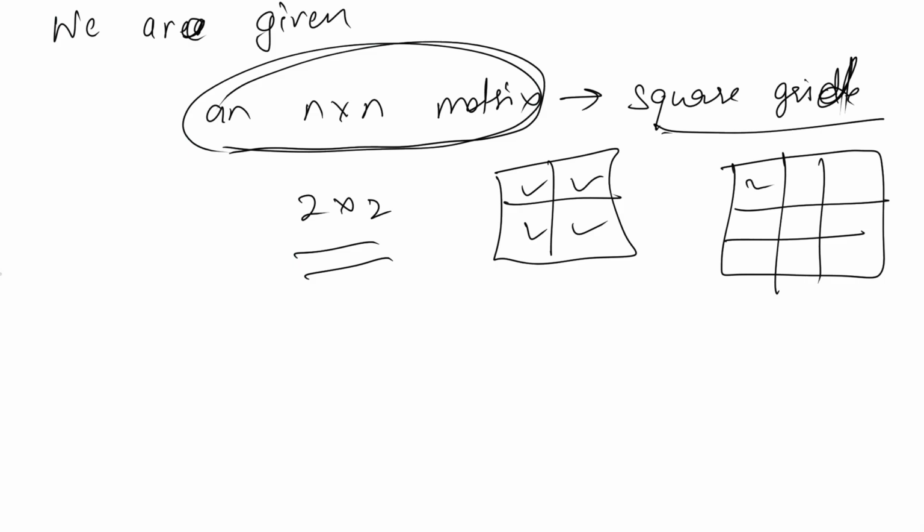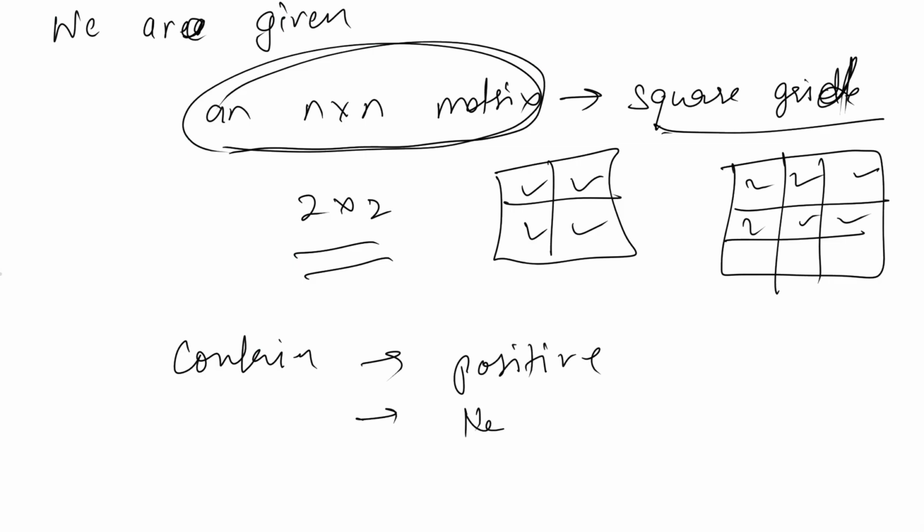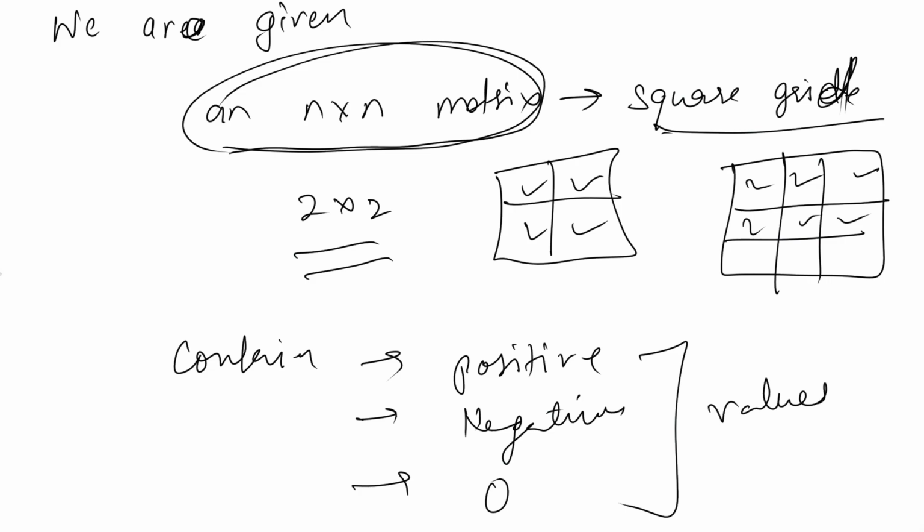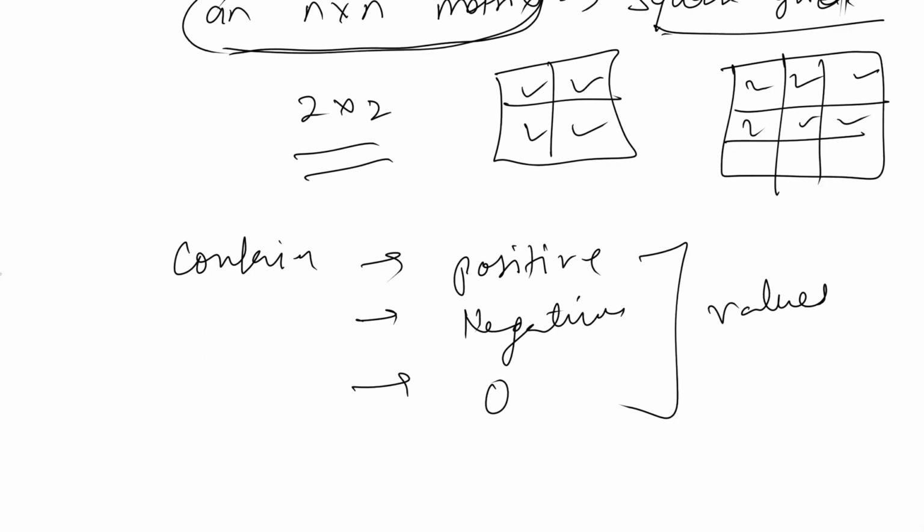Each cell that you can see here can contain either a positive value or a negative value or 0. So these are the three values which can be present in a grid cell, right?